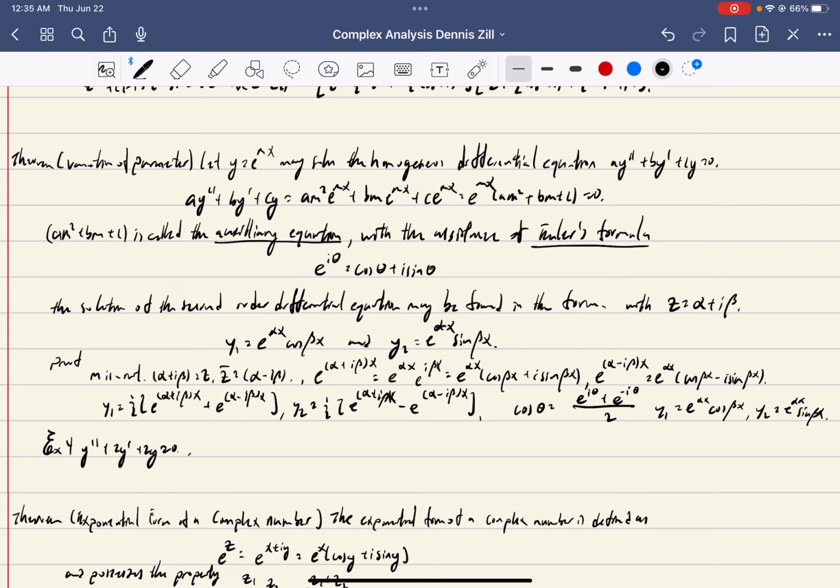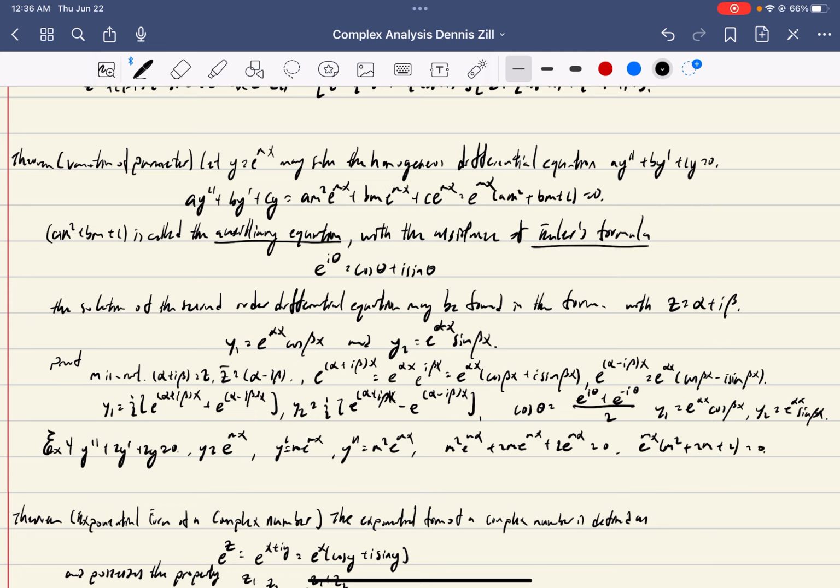And now let's do a differential equation. If you let y equal e to the mx, and you take the first derivative, that is equal to m e to the mx, and the second derivative m squared e to the mx. Then you get m squared e to the mx plus 2 e to the mx plus 2 e to the mx equal to 0. Factor out e to the mx, and you get m squared plus 2m plus 2 equal to 0.